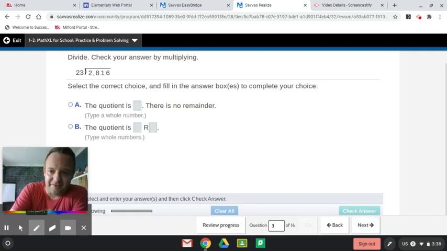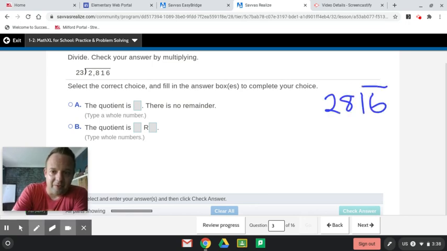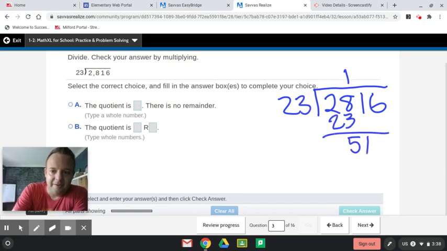All right, so let's do this one. You do it along with me with yours. I forgot to put my arrow.